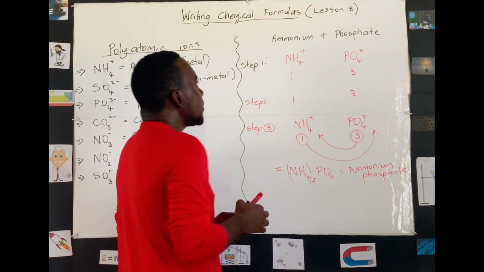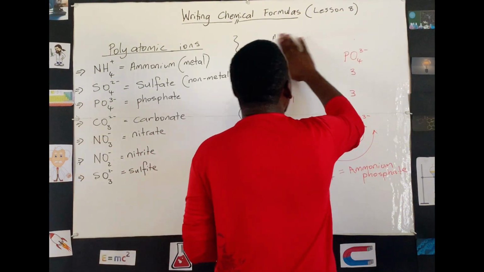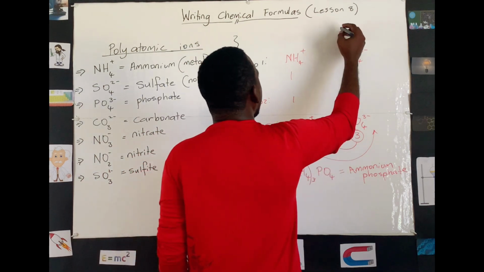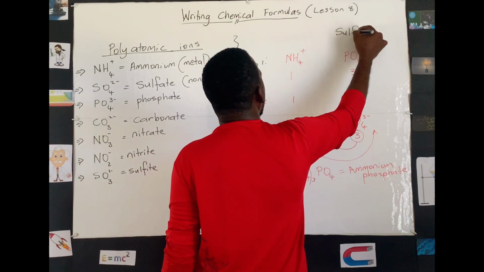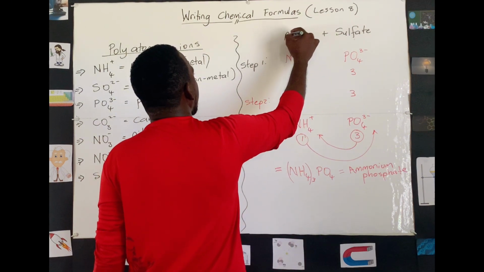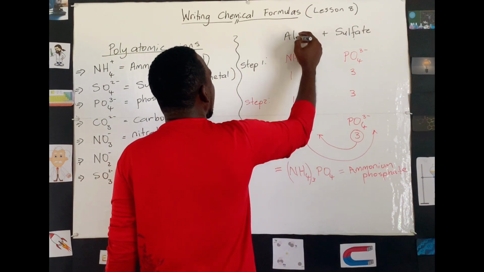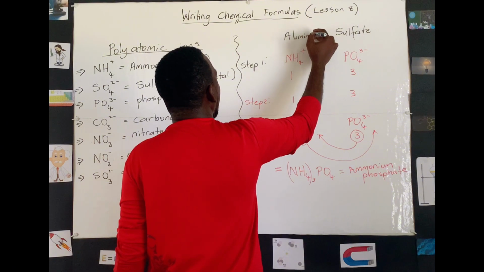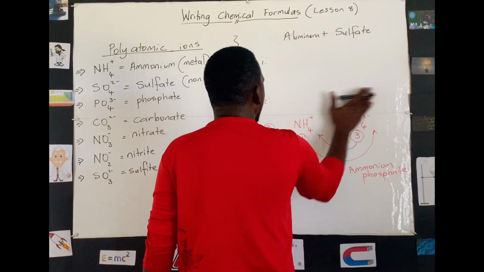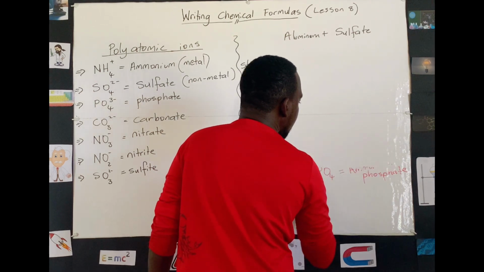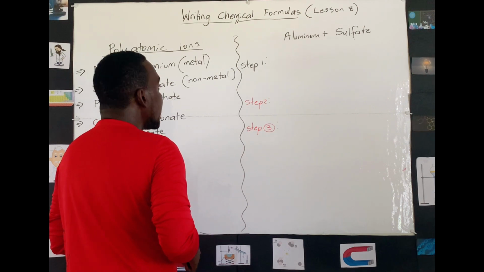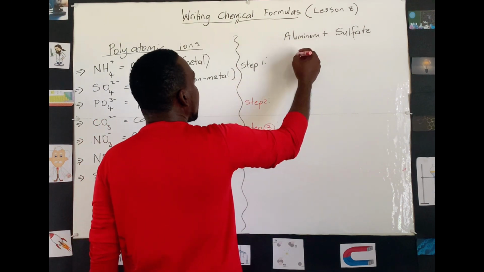Alright, let's use an element and a polyatomic. So let's use sulfate going with aluminum. Alright, so in this case, the first thing is to get down our valences.